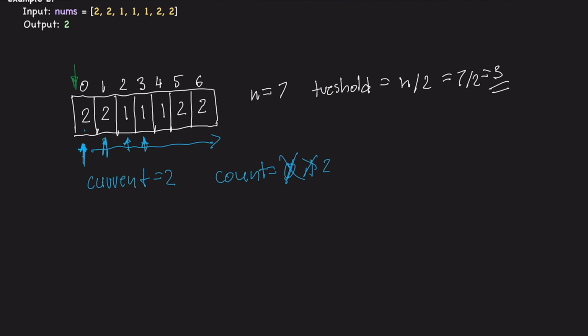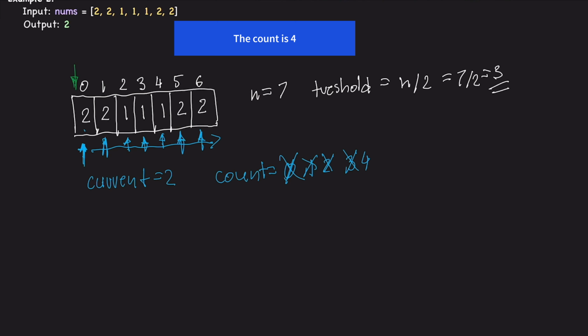Same for this element, it's another 1, it's another 1. We found another 2, so our count is now 3. And we are at the threshold, so it's not yet a majority element. And we will move to the last element in this array, and it's again 2, so the counter is 4.